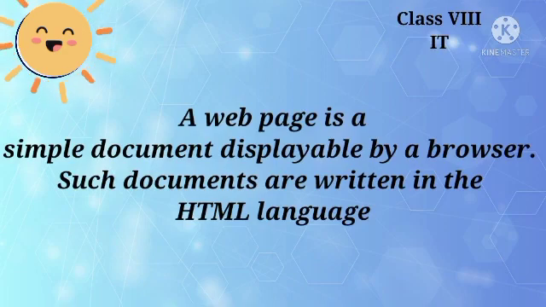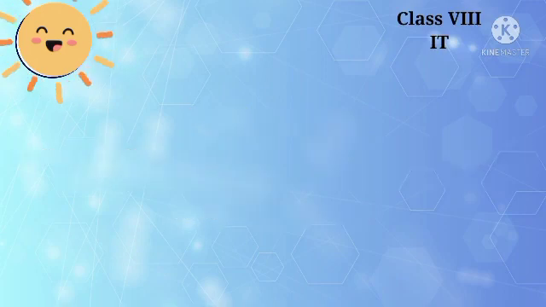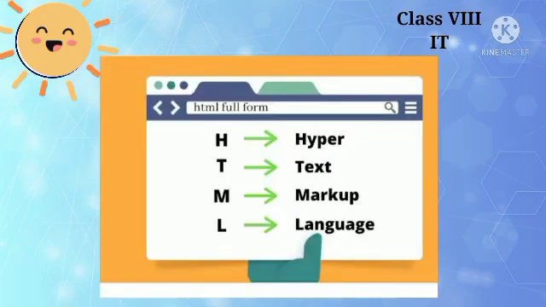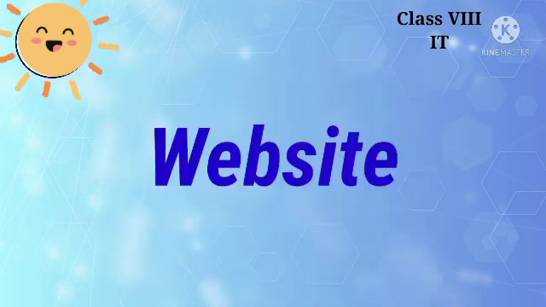These documents are written in one language. That language is called HTML. What do you mean by HTML? Hypertext Markup Language. This language is used for making the documents, that is, the web page.